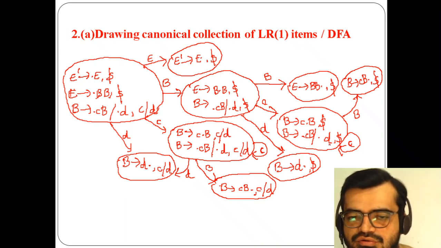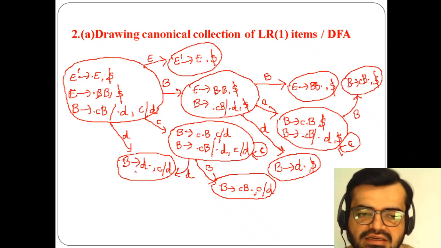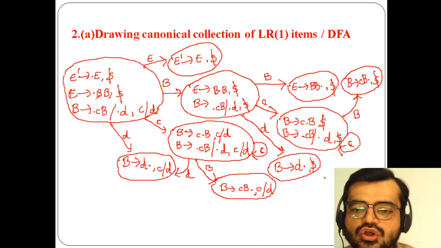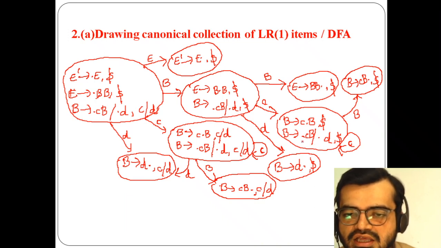Dollar is there. So we have to be very careful. See this state and this state look similar, but they have different look ahead symbols. Here dollar is there, so you should not go to this state, you have to go to this state. So when I'm using B of D dot, I have to go to this state. So what is that?